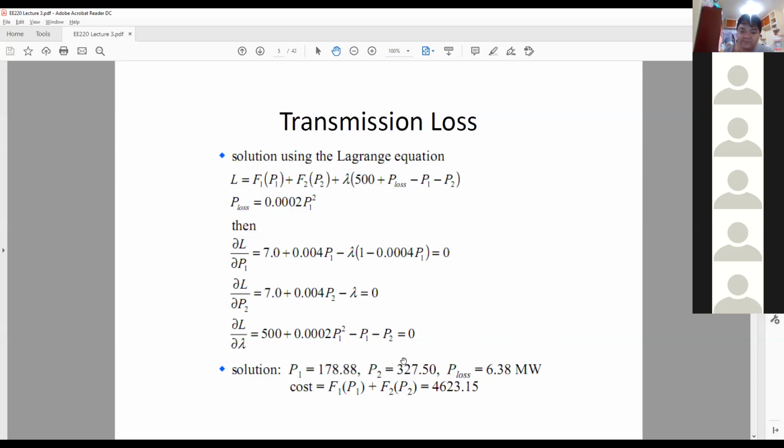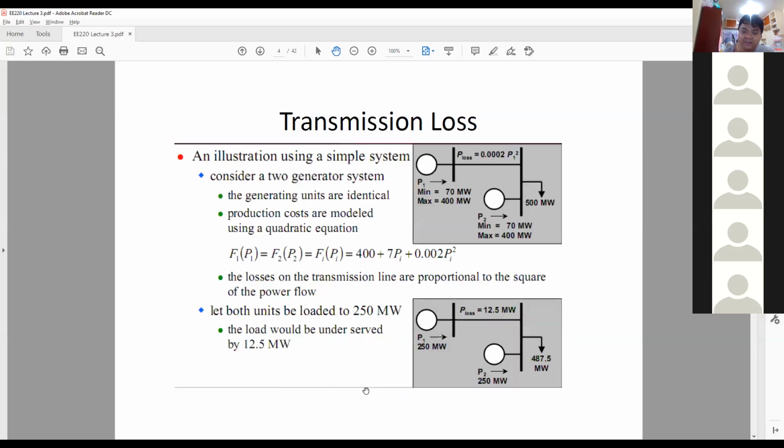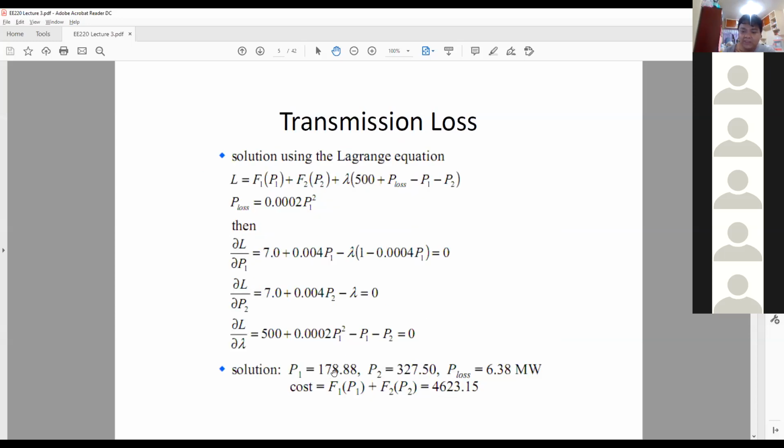And with that, 500. The cost, if you put the megawatt output in the cost function, with 178.88 and 327.5, you'll eventually have a cost of 4,623.